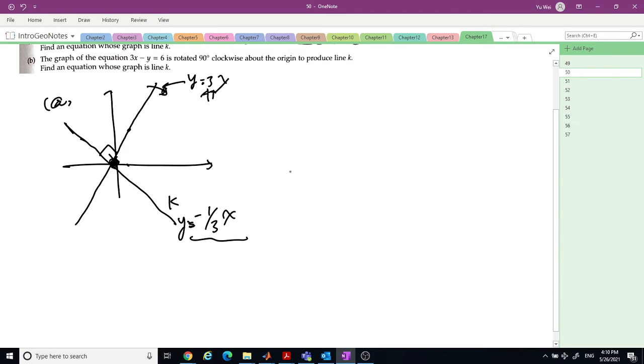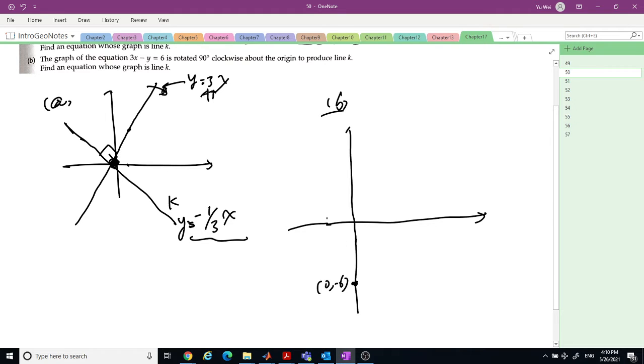For problem B, the original line has x equals 0, y equals negative 6, and y equals 0, x equals 2.